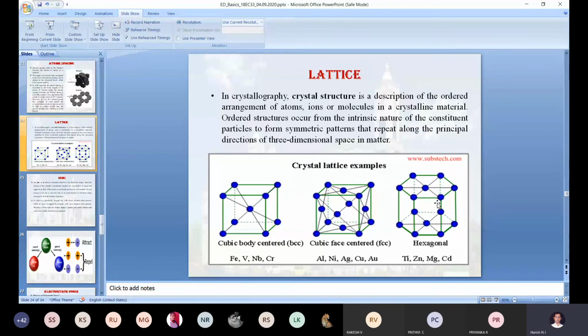What does lattice normally mean? Can you give me any one real-time example for lattice? A lattice kind of arrangement. Anyone?